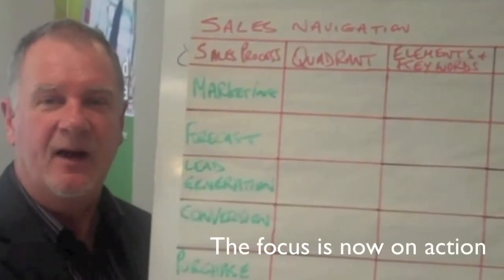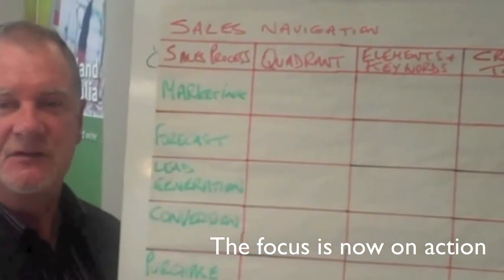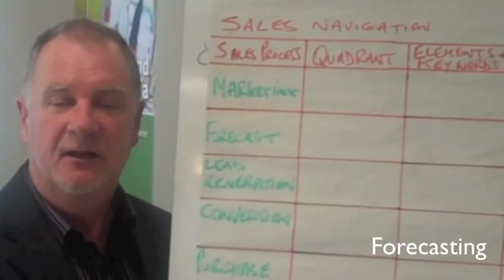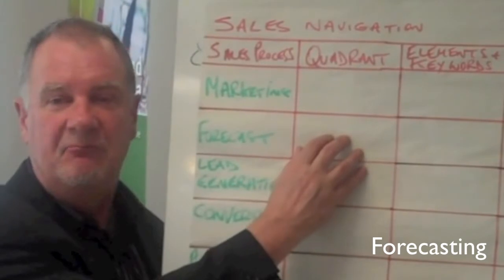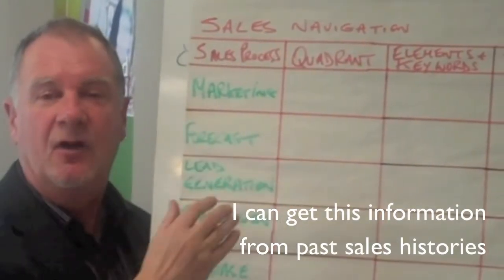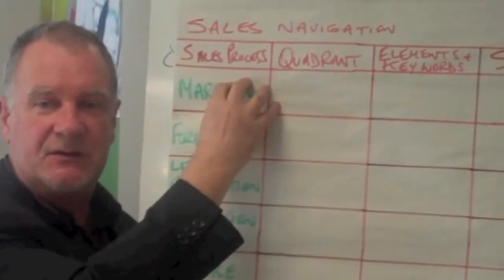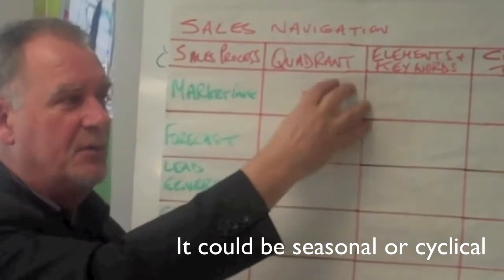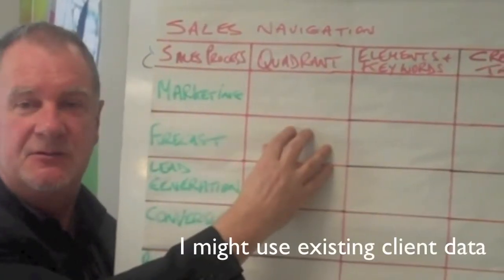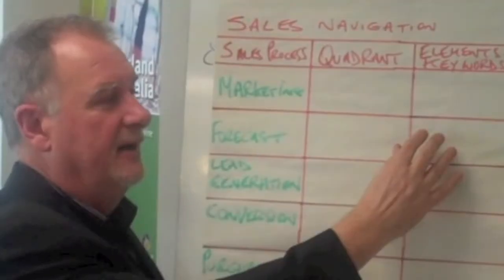We're talking here about what are the things that we have to do to continue the sales process on to the next stage. I need to build up a picture of what I'm forecasting my sales to be as part of the sales process. That gives me an understanding of all the prospective customers. What am I forecasting to convert in terms of my sales?